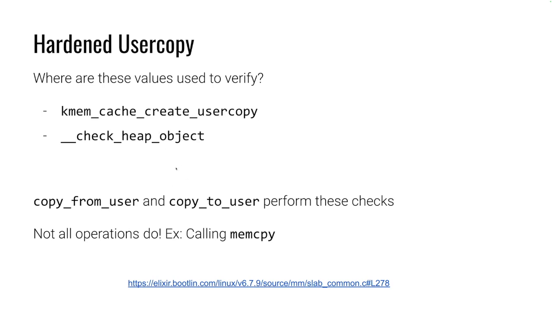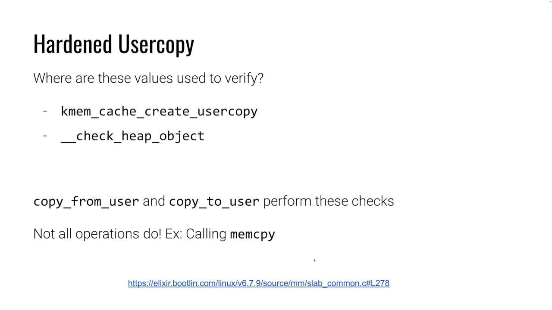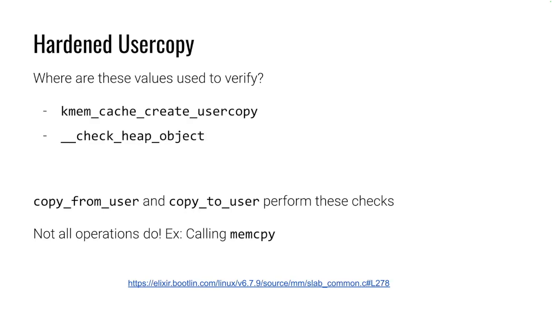But not all operations that copy memory verify these values. For example, what happens if instead of using the approved standard of copy_from_user and copy_to_user, there is functionality in the kernel that uses memcpy? Memcpy has no idea that it's supposed to go and look at a slab allocator's cache and then find this offset and size and do some type of verification step.